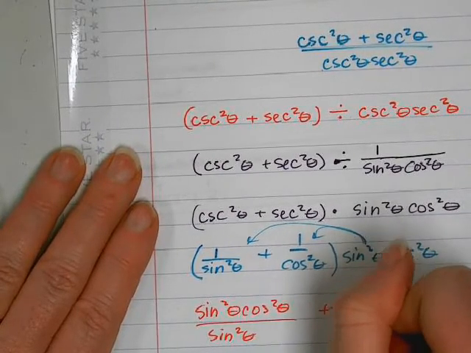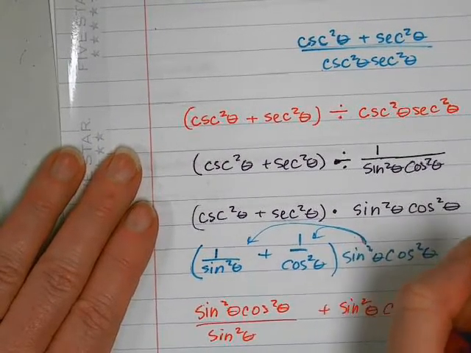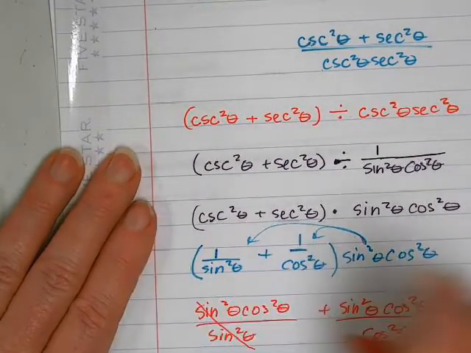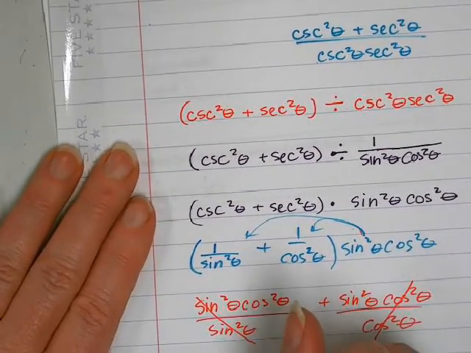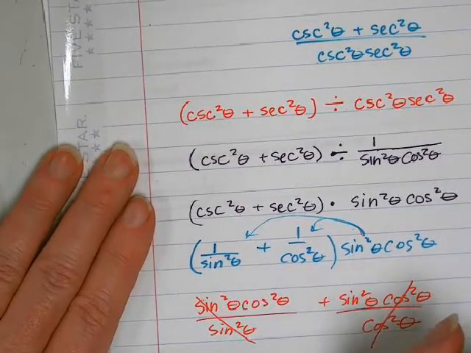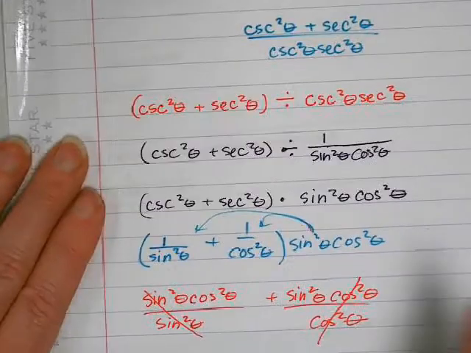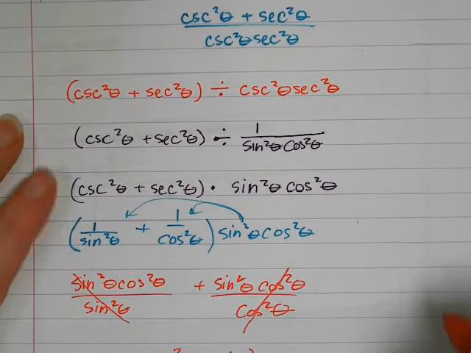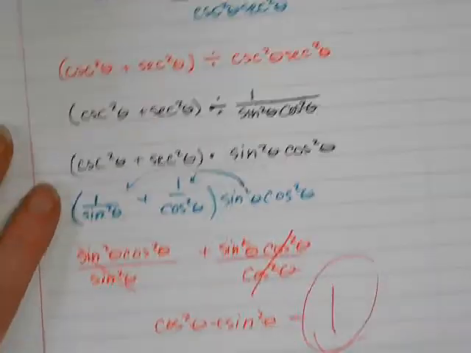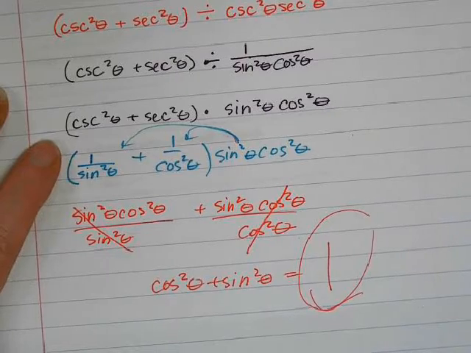Plus sine squared theta cosine squared theta over cosine squared theta, which means your cosines cancel, and now I have cosine squared theta plus sine squared theta, which equals 1. That's an identity. It equals 1.